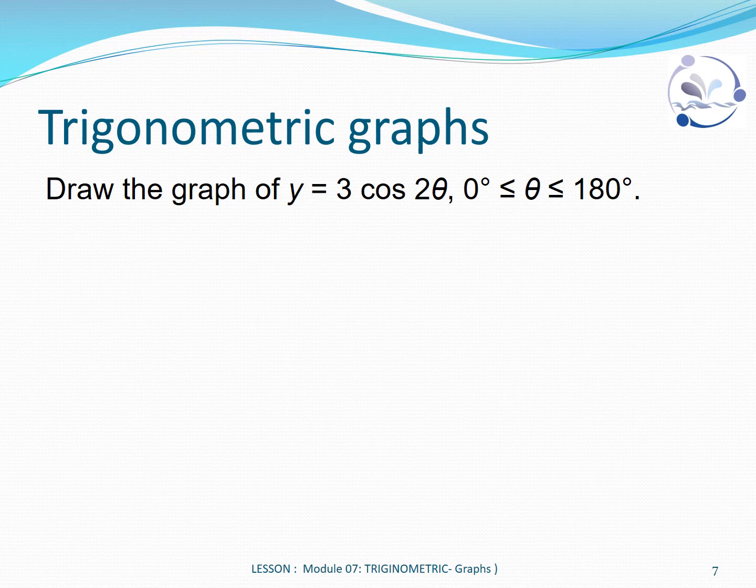Okay, so let's say you've been given the function to draw, that is y equals 3 cos 2 theta, and they gave you that it starts from 0 degrees to 180 degrees, meaning that's the wavelength, that's how long it will be. Okay, so let's look at that.